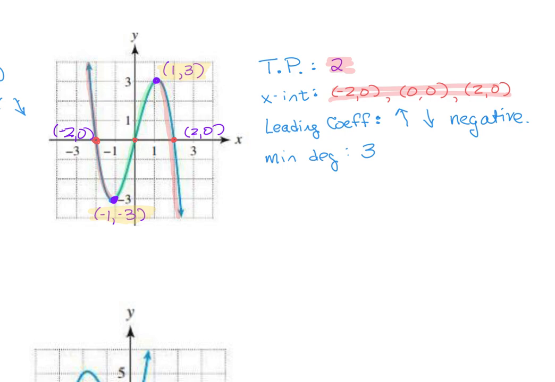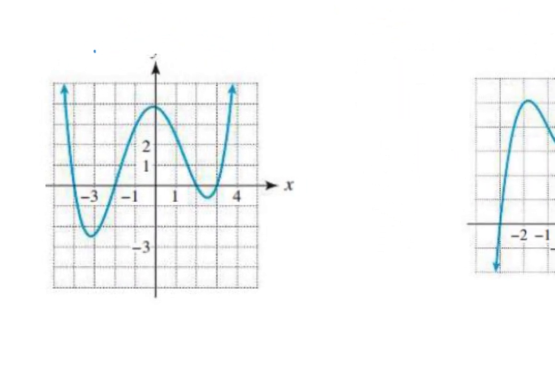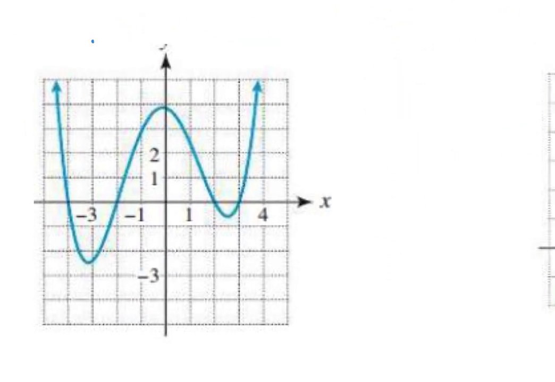All right, let's go ahead and look at a couple other ones. Let's come down to this one here. Okay, let's see what we have. We want to know how many turning points to start off with. When we go from left to right, we are decreasing.